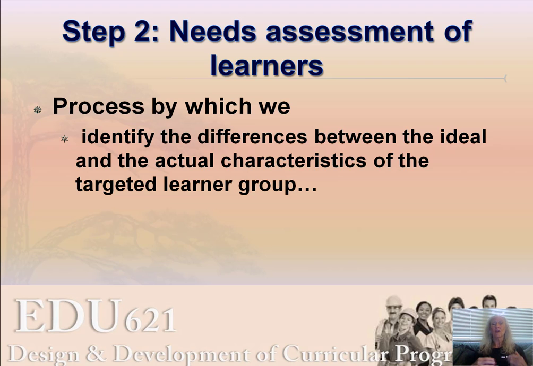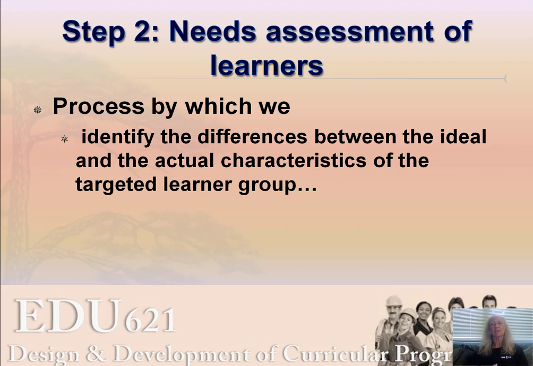And we know that there are actual characteristics that they will bring to the program. And it's the differences between the actual characteristics and the ideal that becomes the part of the curriculum of your academic or your training program.